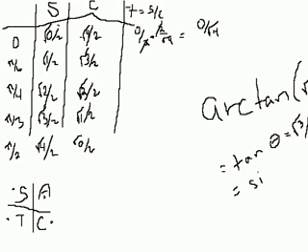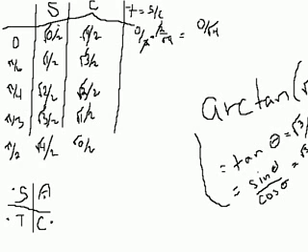And sometimes going to sine and cosine helps, because this says the sine over the cosine is the square root of 3 over 1. So go to your chart and find where the sine has a square root of 3 in it and the cosine has a 1 in it.